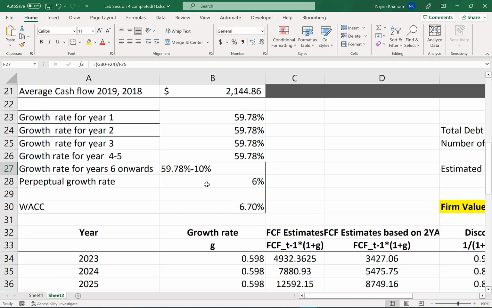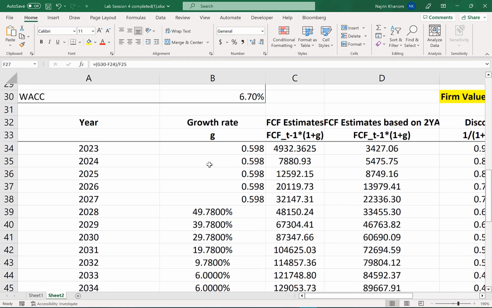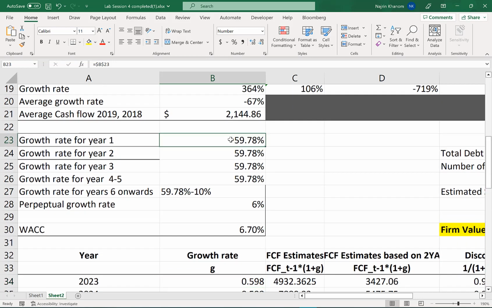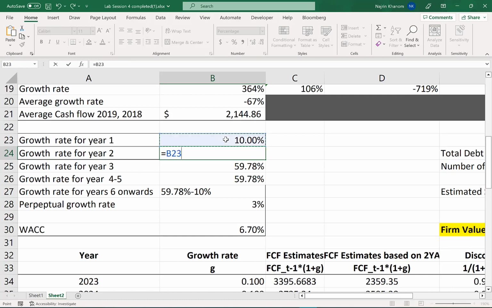Even if we use the 6.7% but alter the growth rates, so instead of saying that it's going to grow at 59.78%, if we say that it's going to grow at a rate of 10% in year one, and then this growth rate will slowly decline. This will decline by 1% every year, till it reaches a perpetual growth rate of 3%. So, taking again a more conservative view of how we think Southwest is going to grow.